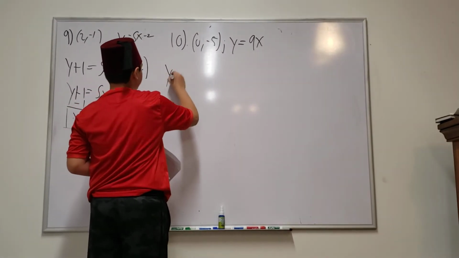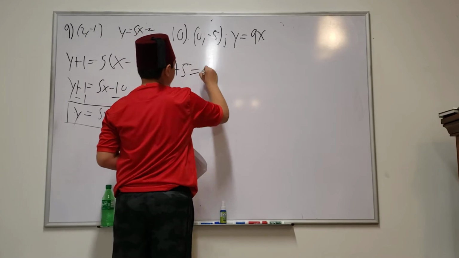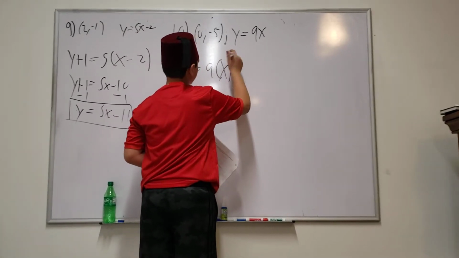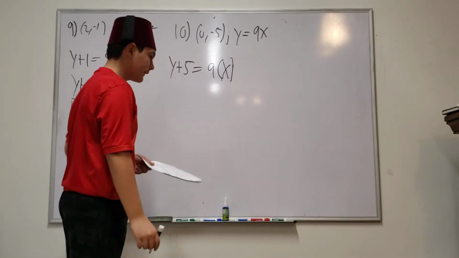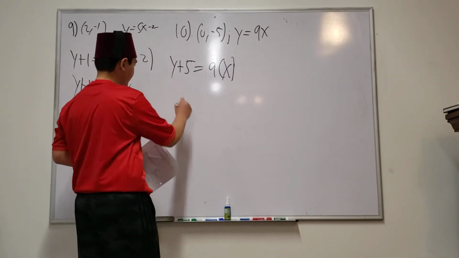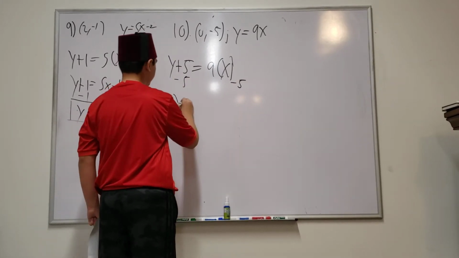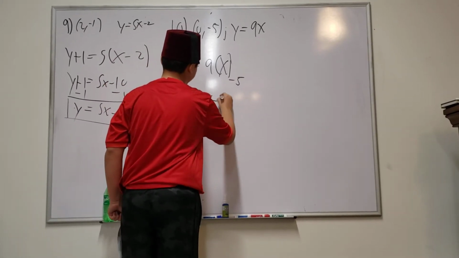So y plus 5 is equal to 9x. Or it would be 9 times (x minus 0), but I'm just putting 9x. Right? So we're going to subtract 5 from both sides. That gives us y equals 9x minus 5.